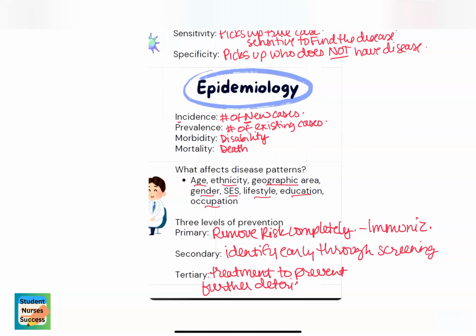So with that, perhaps if you have cancer and you're receiving chemotherapy or radiation, those treatments are tertiary to try to keep the cancer from spreading.